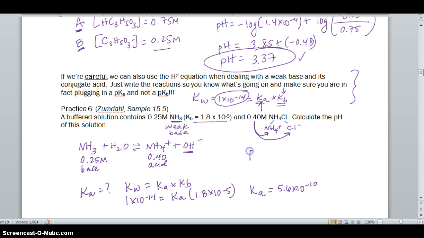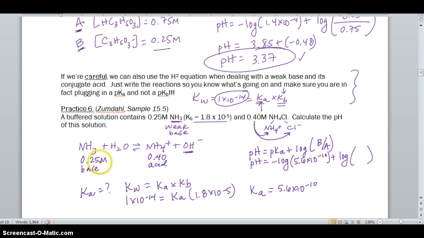So now I'm going to use the Henderson-Hasselbalch equation. pH equals pKa plus the log of base over acid. pH equals the negative log of the number we just got, 5.6 times 10 to the negative 10th, plus the log. Alright, make sure we get it right.